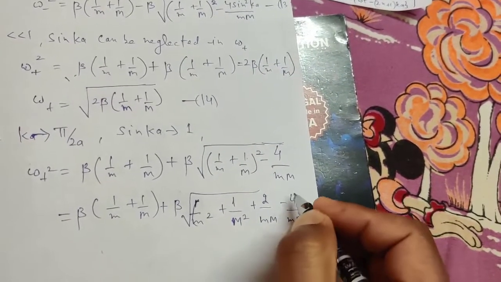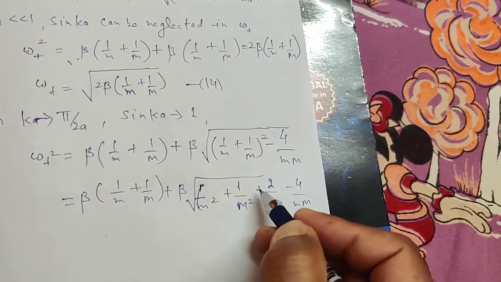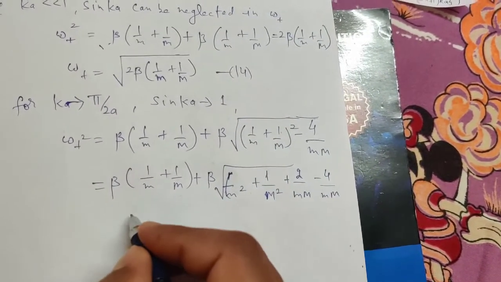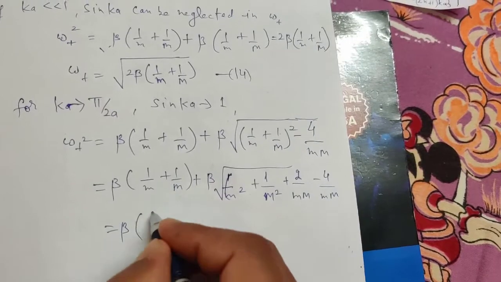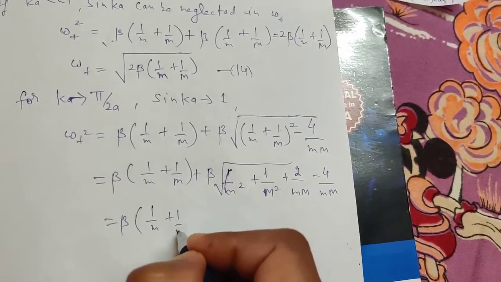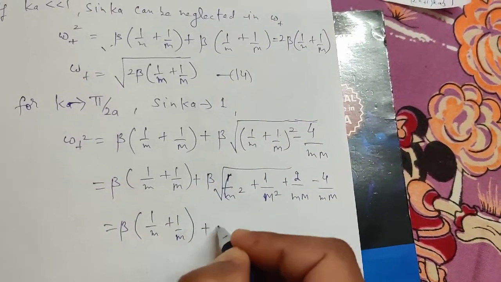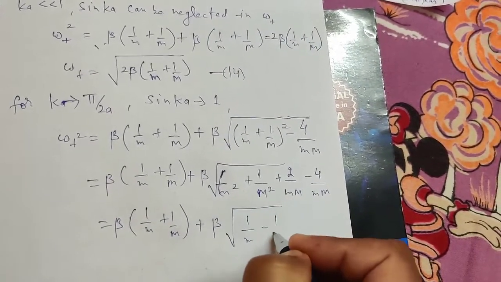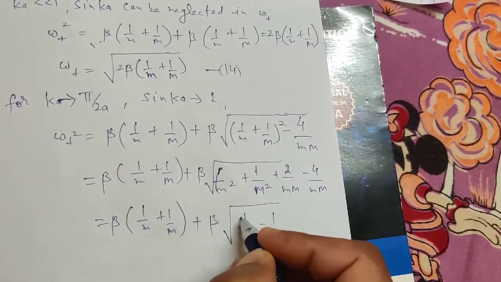So if this is less, this will be minus 2 upon mM, so this will become a minus b whole square.